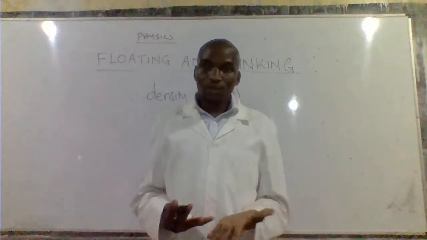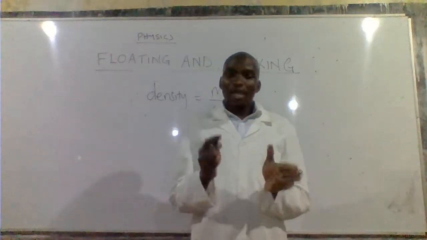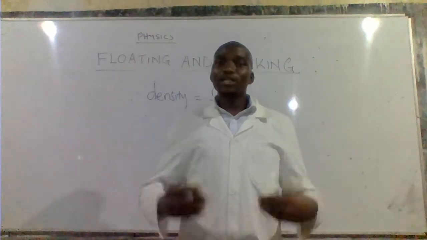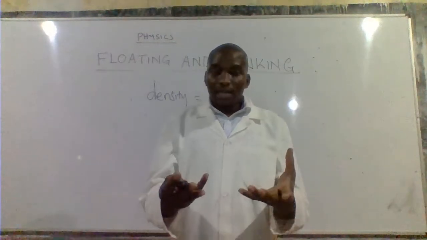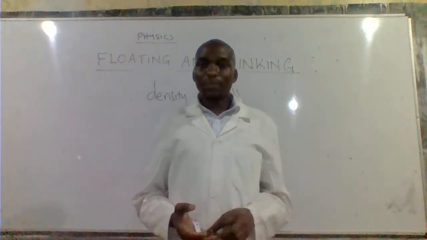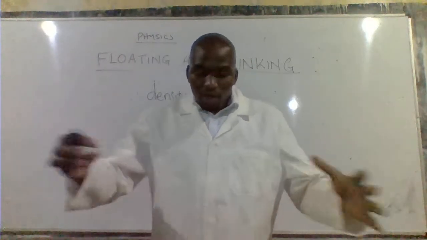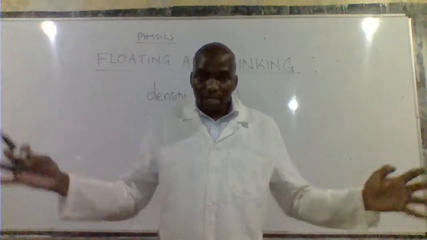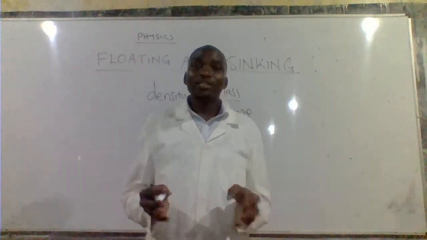A simple question that we ask ourselves is, why do those ships float, yet the materials making them up are far denser than seawater? The simple explanation is this: the body of a ship is made in such a way that most of it is hollow.